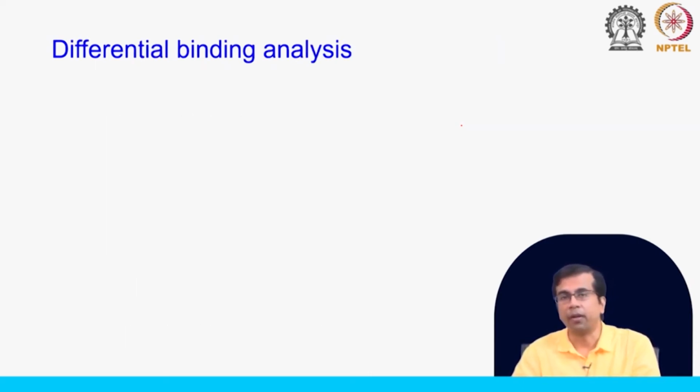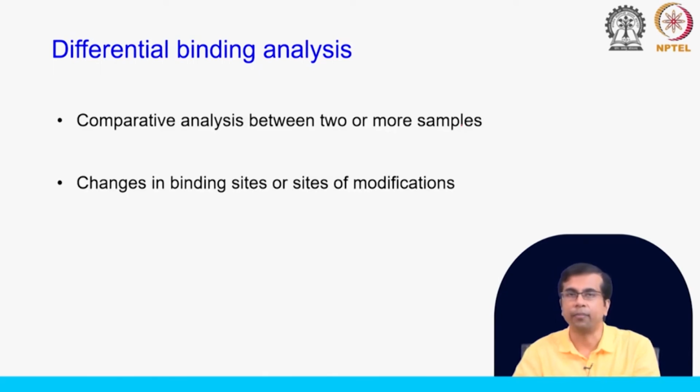Now, we also do something called differential binding analysis. This is comparative analysis between two or more samples, focused on changes in binding sites or sites of modification. The process remains the same, we are just doing this for two different samples and then comparing.